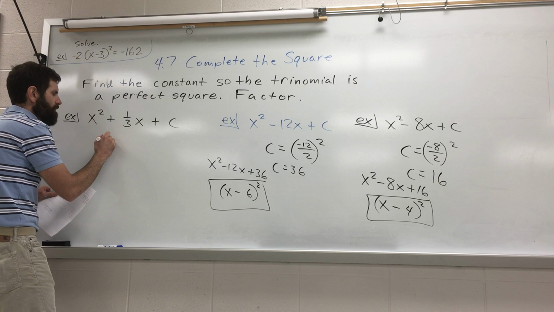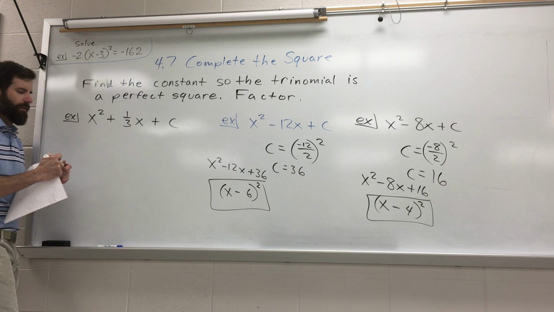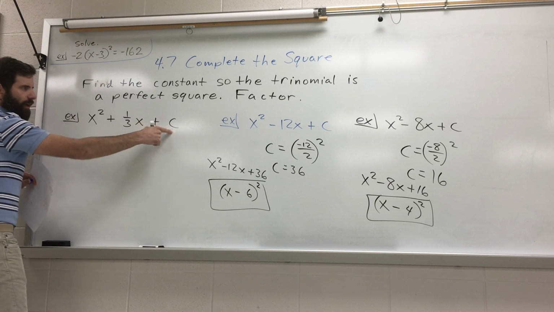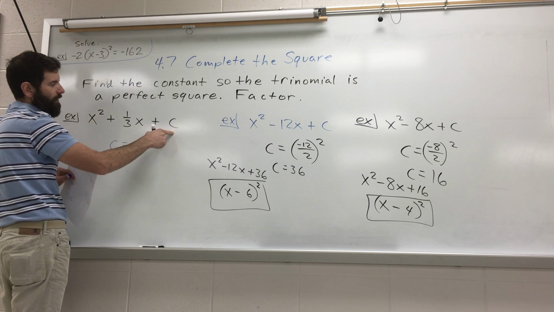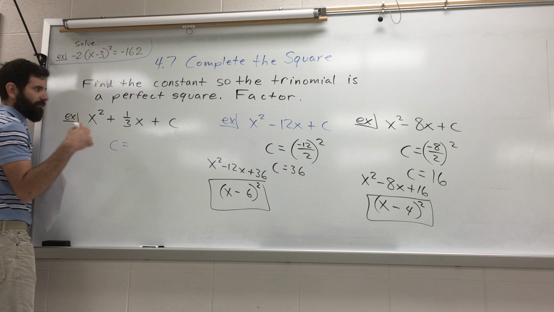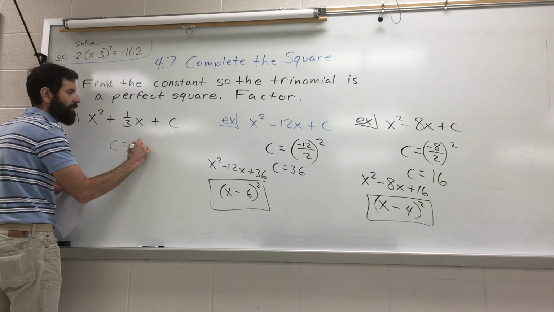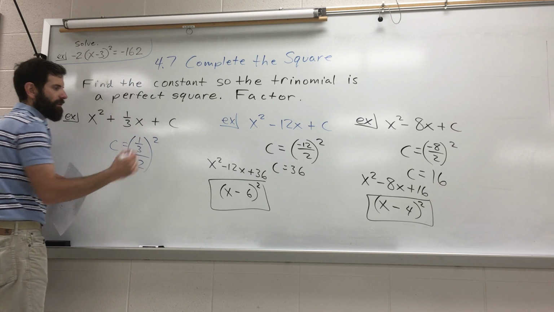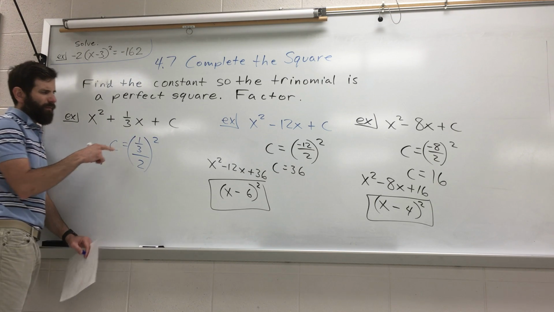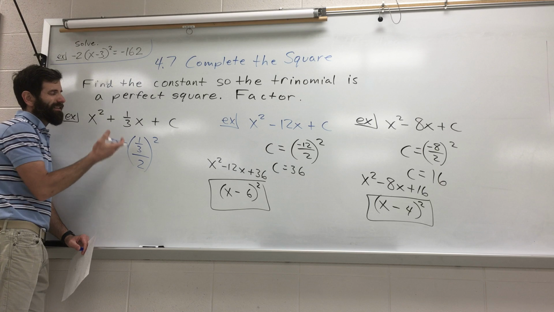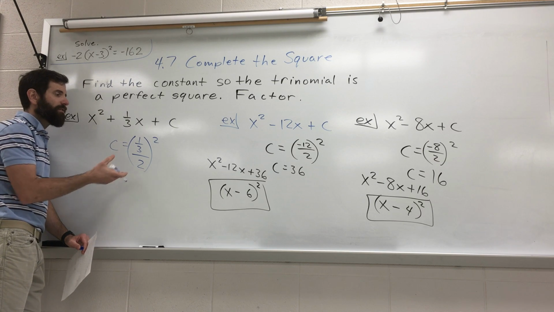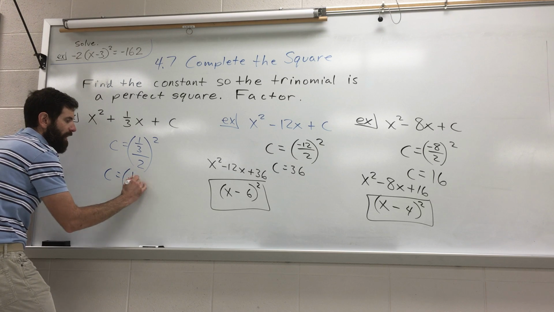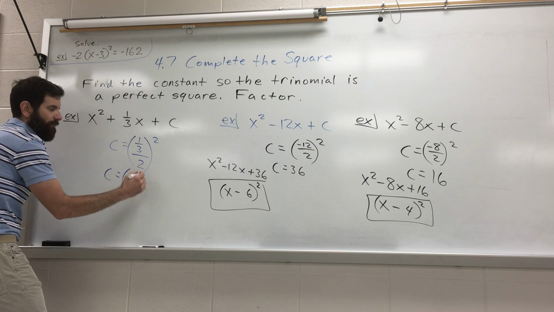The formula goes, oops, let me switch colors. To find our c term, to make it a perfect square trinomial, we need to take 1/3 and divide it by 2, and then square it. Well, class, 1/3 divided by 2, you could do that in some of your nicer calculators. But what it actually does is you're multiplying 1/3 by the reciprocal of 2.